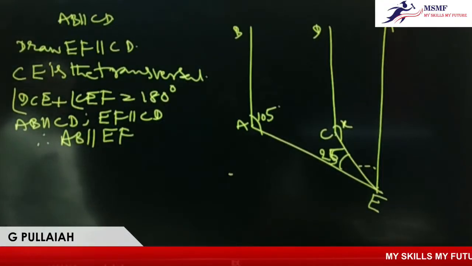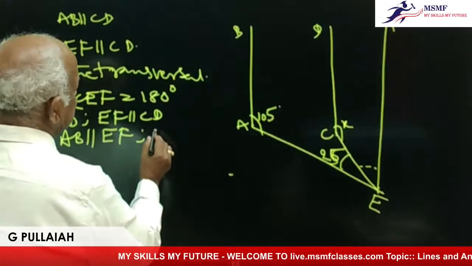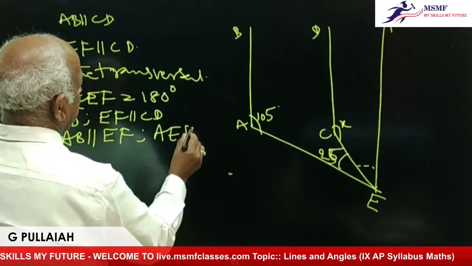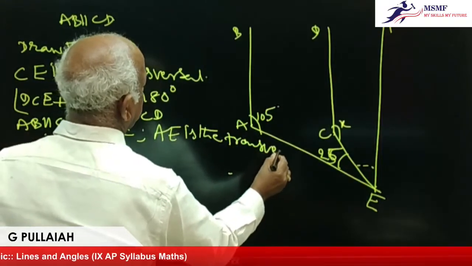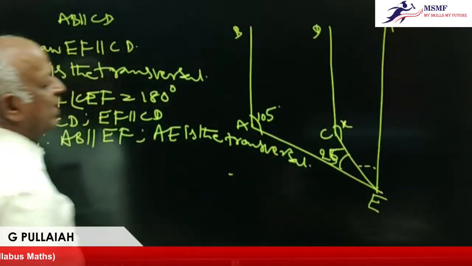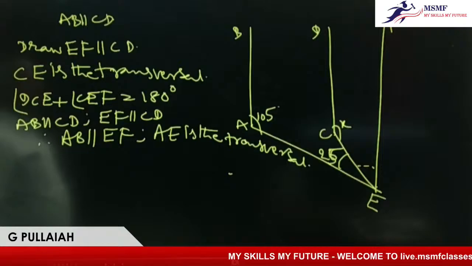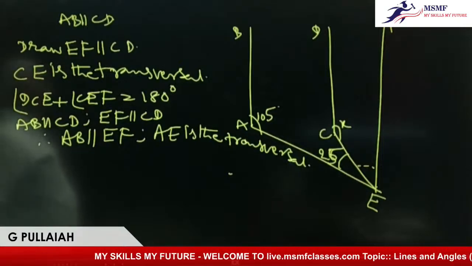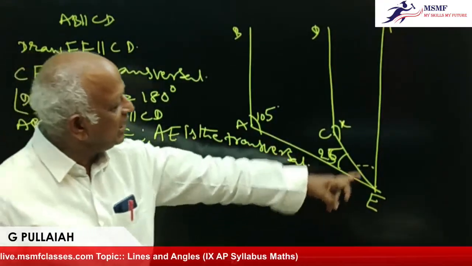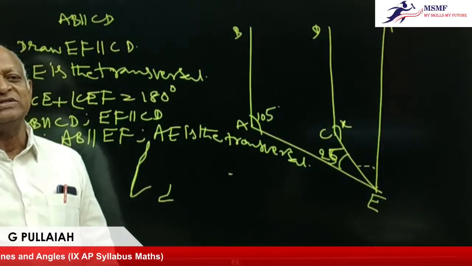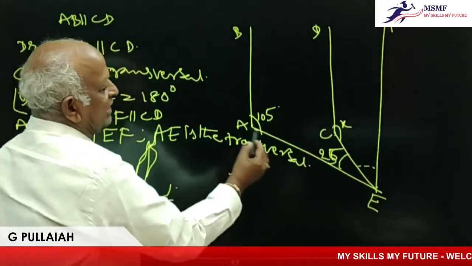If AB is parallel to EF, we can say that here AE is the transversal. Let us take the co-interior angles between AB and EF. They are ABE and AEF. These two are the co-interior angles, because AB is parallel to EF and AE is the transversal.